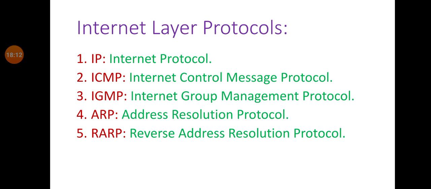This protocol is used by a client computer to request its IP address from a computer network. So what is the difference between ARP and RARP? ARP fetches the receiver's MAC address, meaning host B's MAC address, and RARP fetches the IP address of the receiver. ARP fetches MAC address, RARP fetches IP address.